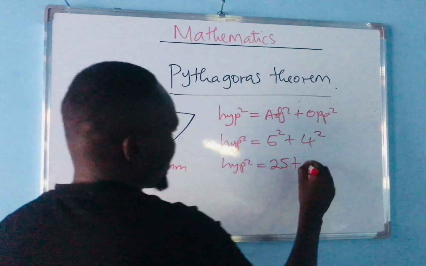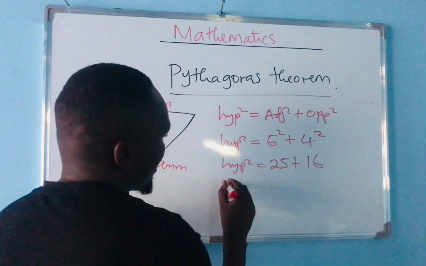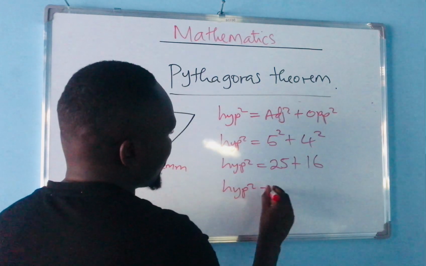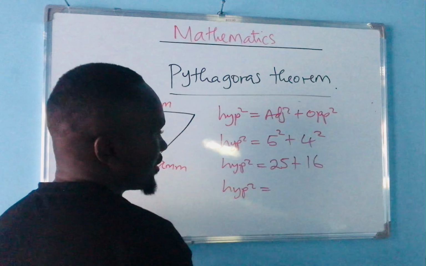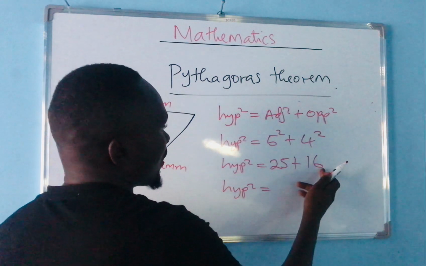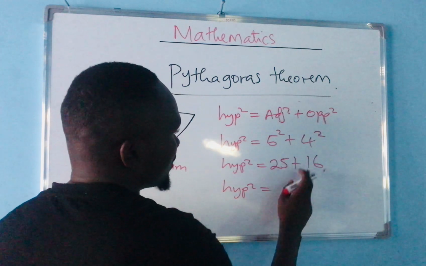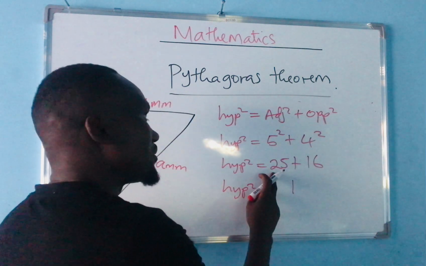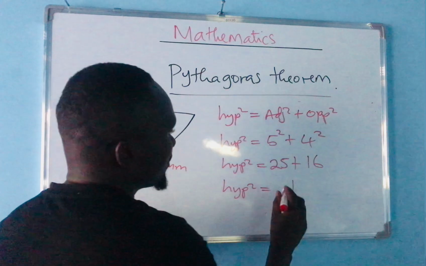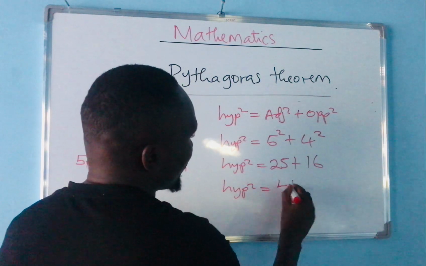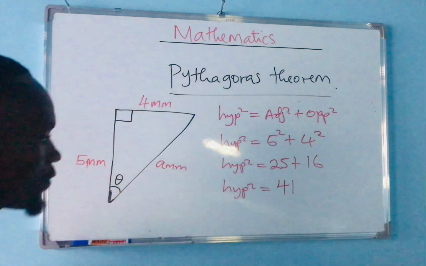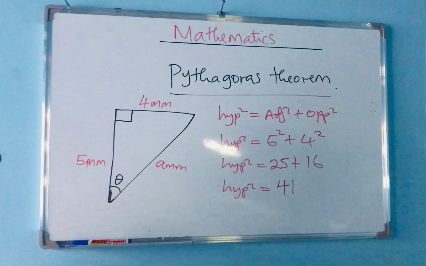We'll get 16. Then hypotenuse squared equals, what is 25 plus 16? We can easily add: 6 plus 5 gives us 11, so we have 1 remainder 1. 1 plus 2 is 3, plus 1 gives us 4, so that's 41. So we have the hypotenuse squared equals 41.